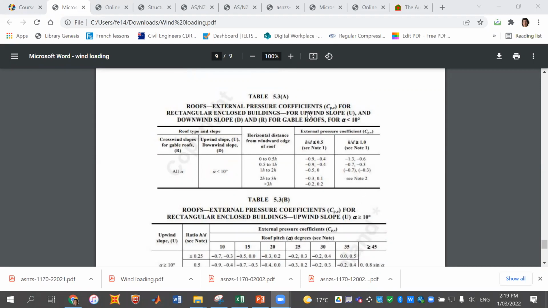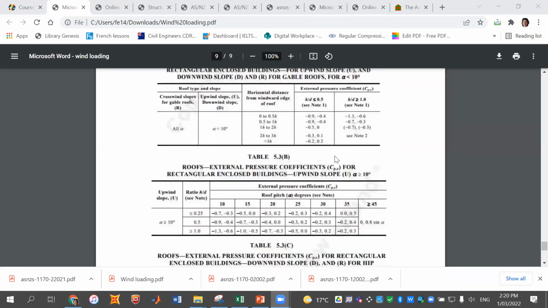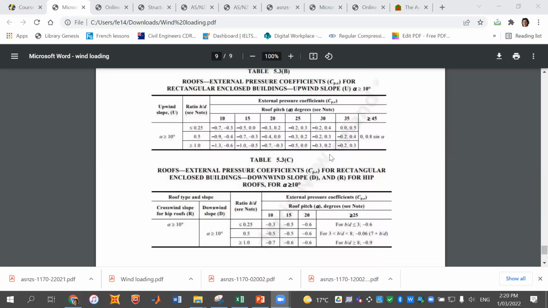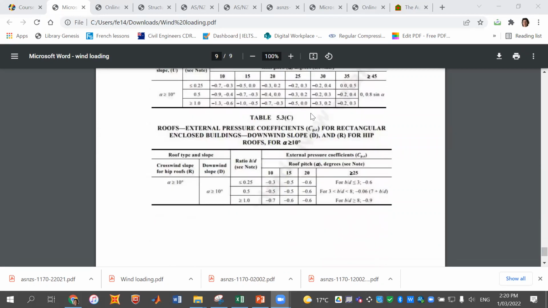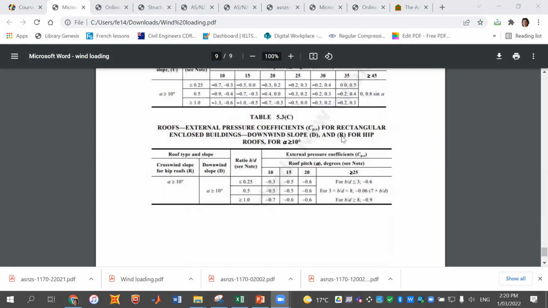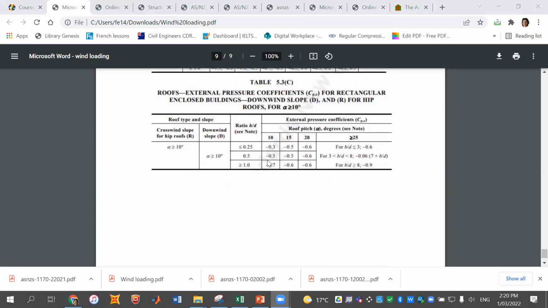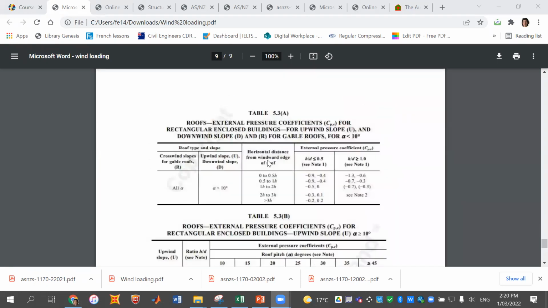So here it says for upwind slope, which is U, and for downwind slope, which is D, and for R, which is the gable roof, you can find them here. And other tables again for downwind slope, and that's it.